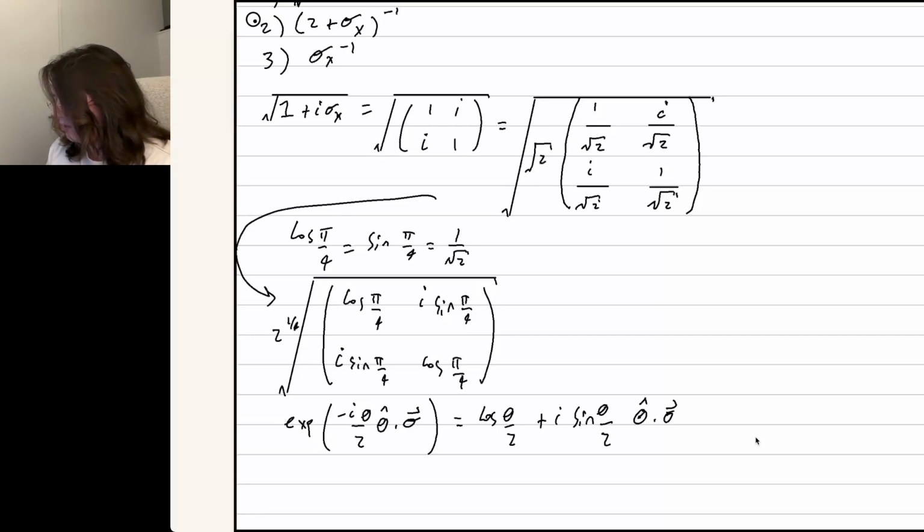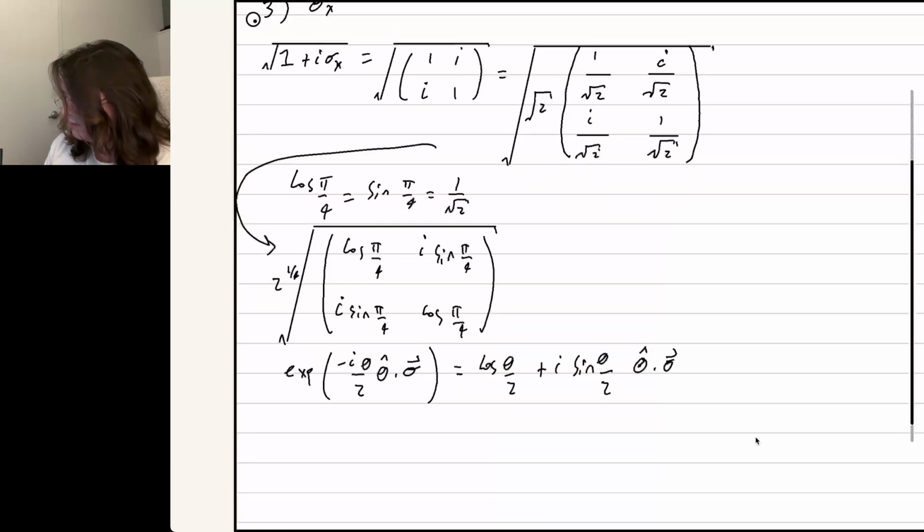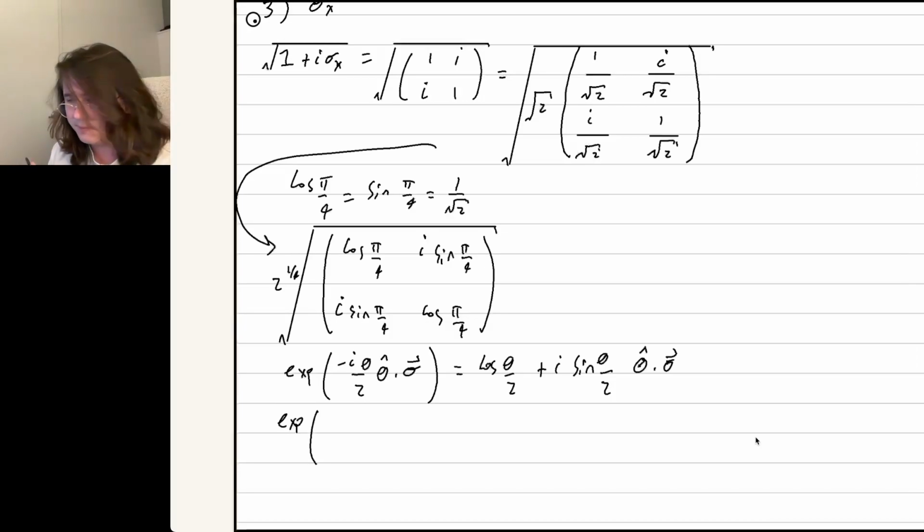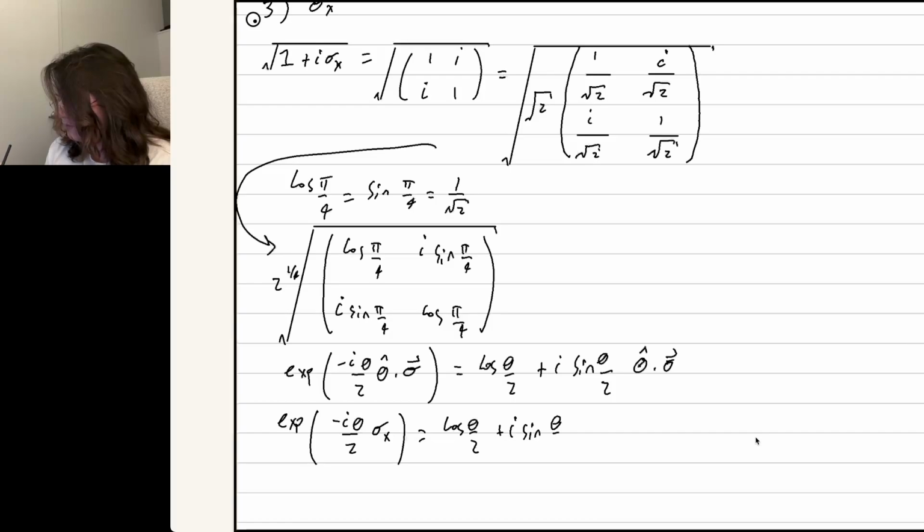So in particular, the version of that where theta hat is just equal to x hat, so you're rotating around the x-axis, you're going to get sigma x in there, and so it's cosine theta over 2 plus i sine theta over 2 sigma x.